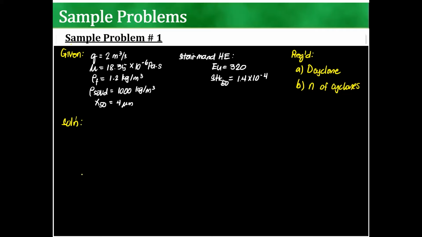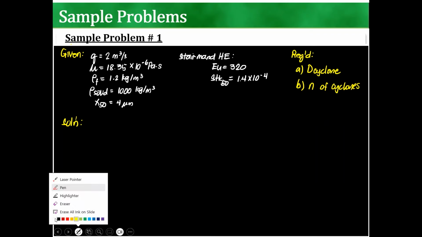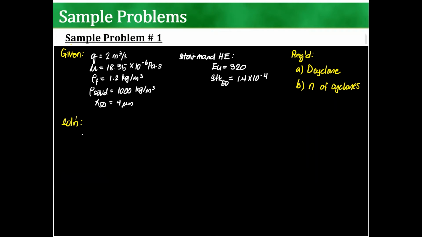So let's start solving. First, you're given an Euler number, right? So the Euler formula is Eu equals 2 delta P over rho of the fluid V squared. So we can already solve for V squared.